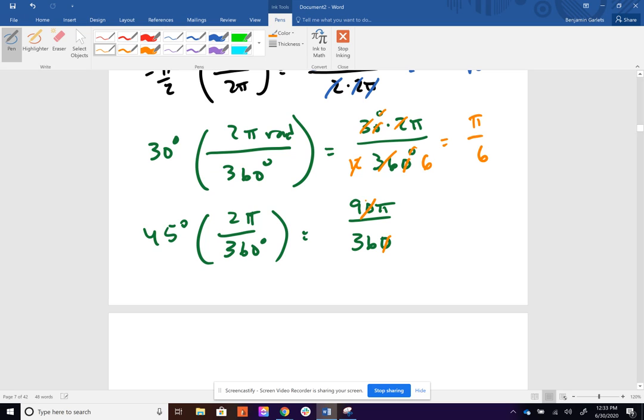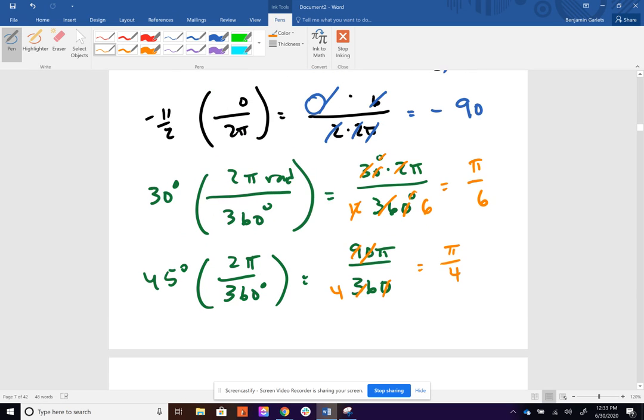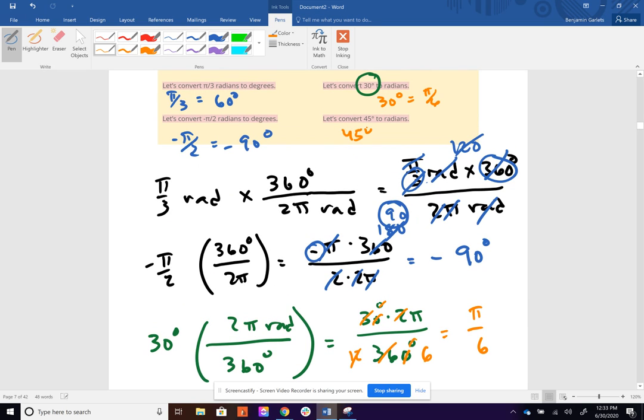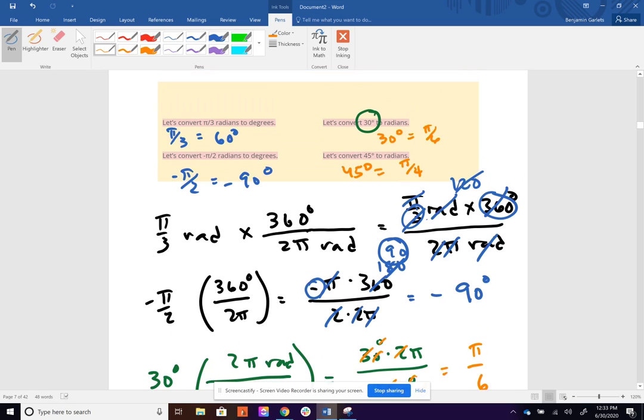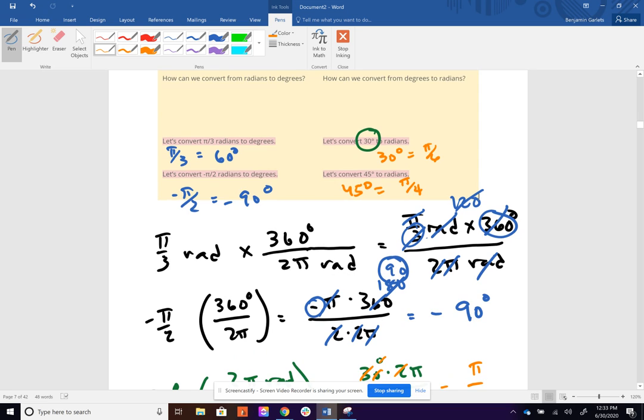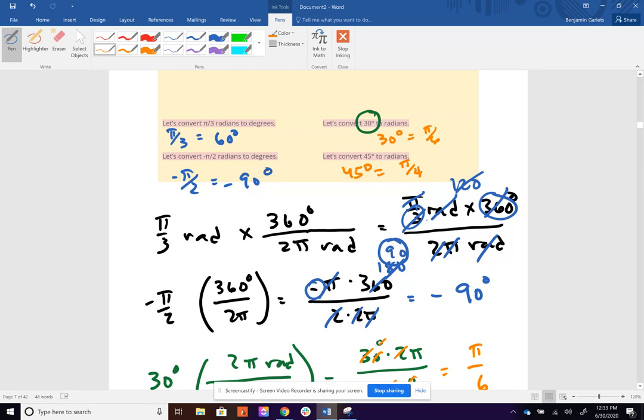Cancel, cancel. Take out a 9. I'm left with a 4 in the bottom. And so I see that 45 degrees is the same as pi over 4 radians. And that is an intro to radians and how to convert between degrees and radians.